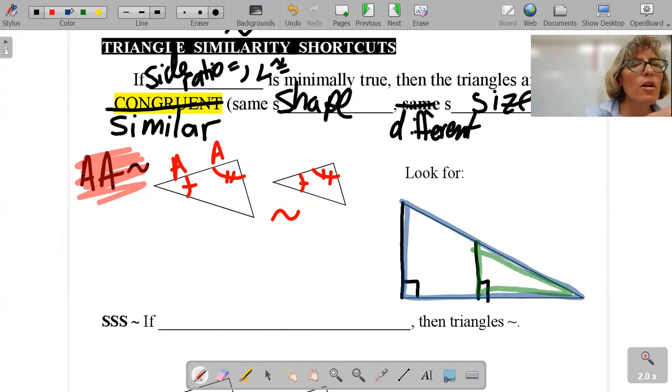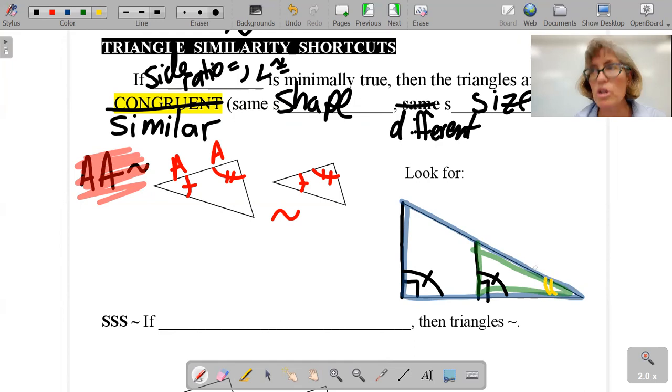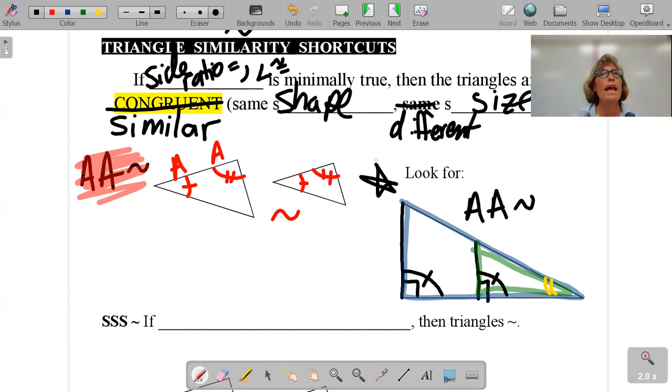In this scenario, you have a pair of right angles which are congruent. They're also corresponding. And then they share this top angle, which is reflexive. And so this would be an example of angle, angle, similarity. This by far is the most common. Put a little star by that. Angle, angle is the most common. Angle, angle, similarity.